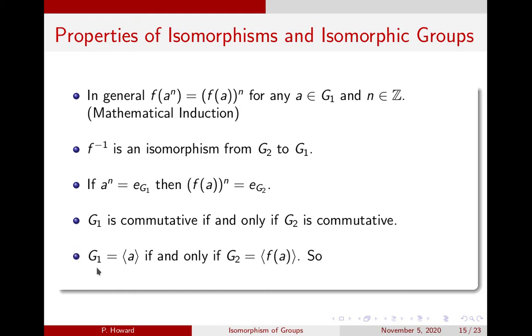If two groups are isomorphic and the first group is cyclic and generated by the element little a, then the second group is cyclic and generated by the element f of little a, and vice versa. So, as a consequence, if you have two isomorphic groups, G1 star 1 and G2 star 2, then the first group is cyclic if and only if the second group is cyclic.